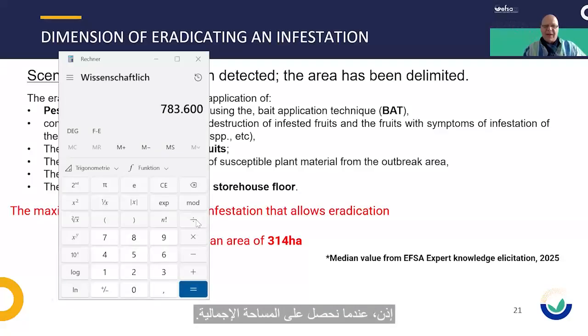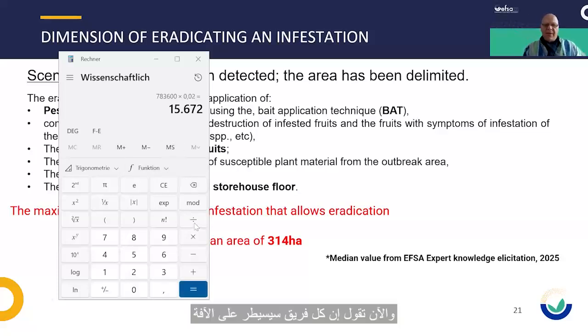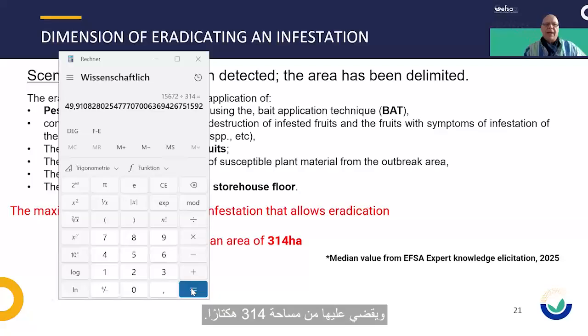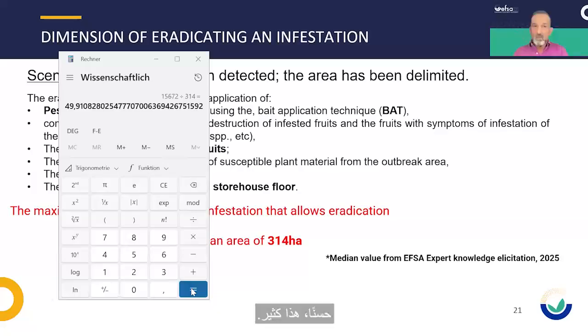When we have the total area size and we want to have 2% out of this, then this is 15,600 hectares. And now you say each team would control and eradicate the pest from 314 hectares. So then Surveyland has to provide 50 emergency teams. Wow, that's a lot. So I'm not sure that this is feasible either.